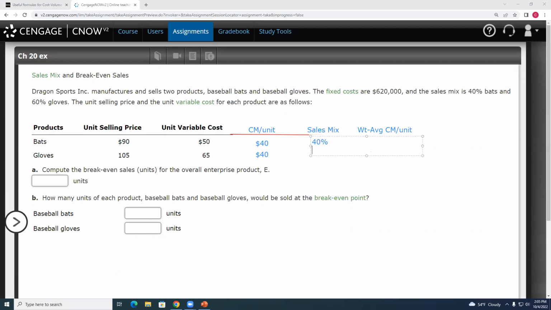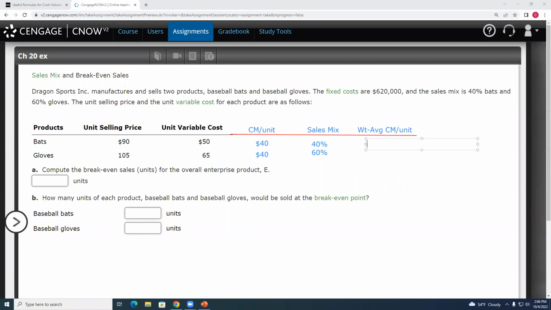And the sales mix always must add to 100%. So even if they had not told us, since we know they sell just these two products, it would have to be that the other 60% is for gloves. We then multiply across.